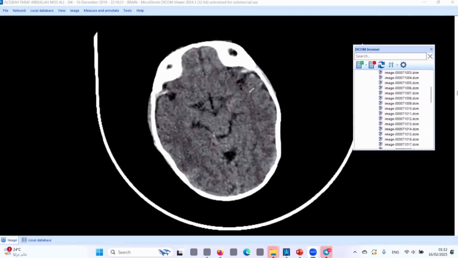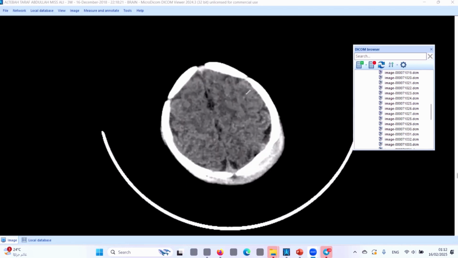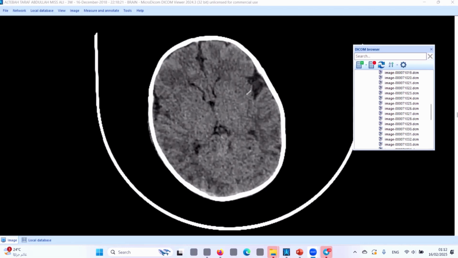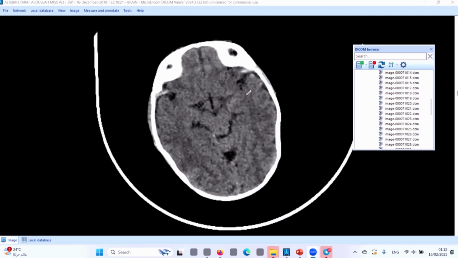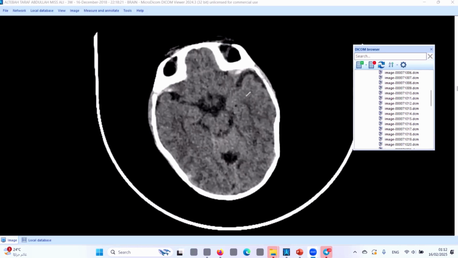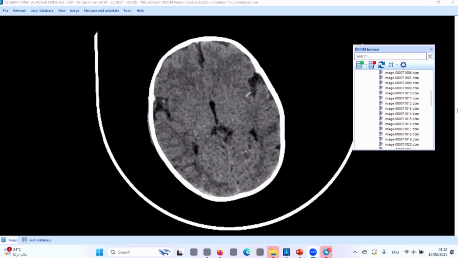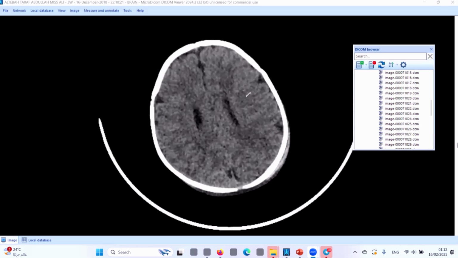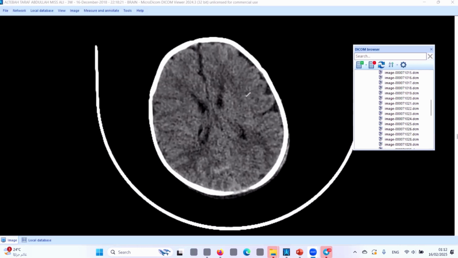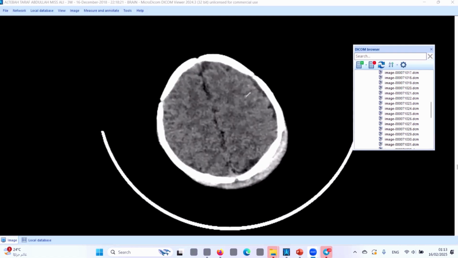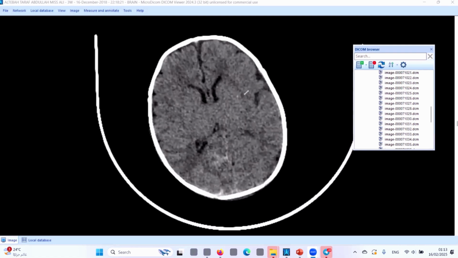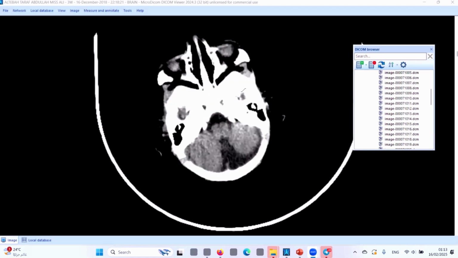Most likely, as we said before, the peripheral subarachnoid hemorrhage is a post-traumatic sequela. And according to the modified Fisher grading, it is classified as grade 1 because it is thin subarachnoid hemorrhage with no intraventricular hemorrhage. To save your time, I checked the bone and there are no bone fractures.